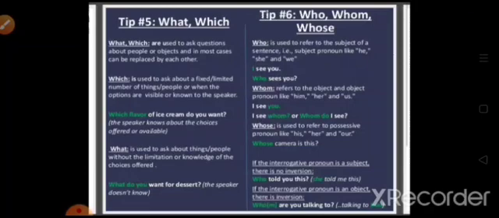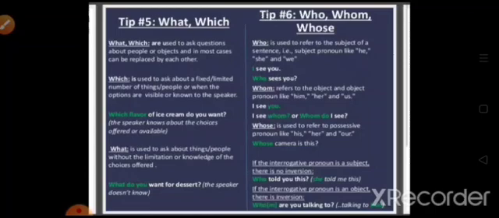And whose is used to refer to possessive pronouns like his, her, and our. So, where we have to show possession, we have to ask for the possession, we can use whose. Whose camera is this? Now, here we are asking for the ownership or the owner of the camera. If the interrogative pronoun is a subject, there is no inversion.